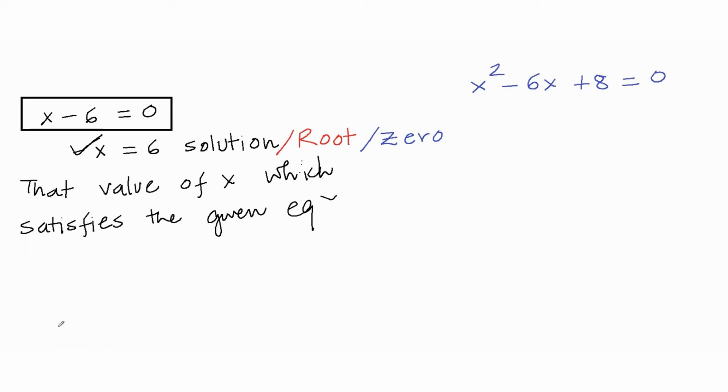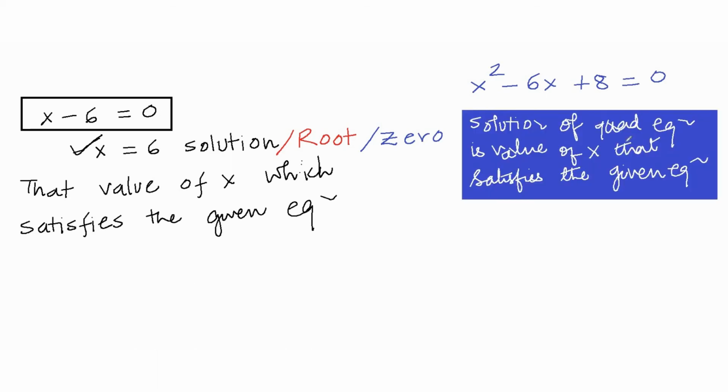Basically, again, just to emphasize, the solution of a quadratic equation is the value of x that satisfies the given equation. So let's take some values of x. Let x be equal to 3. Let's substitute x as 3 here.